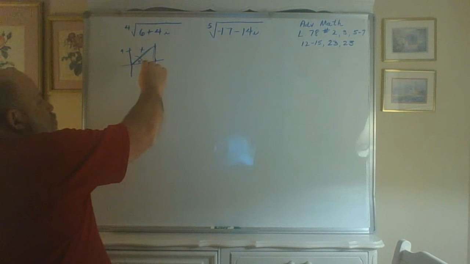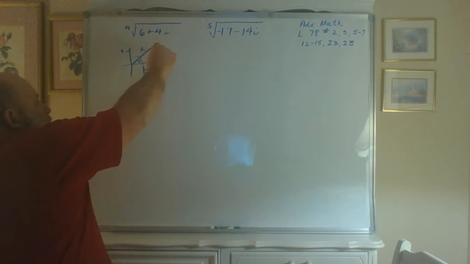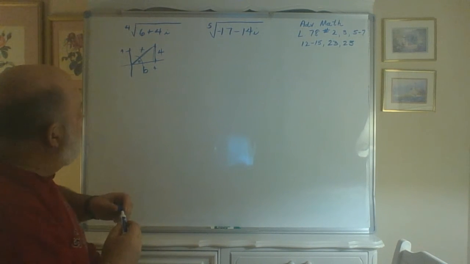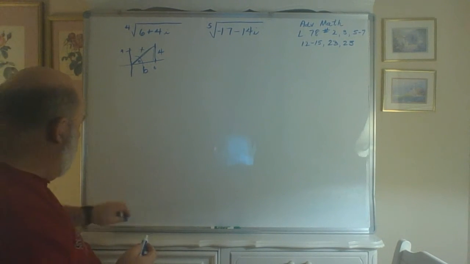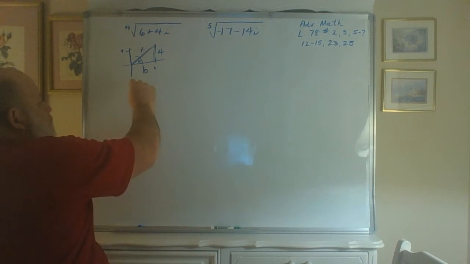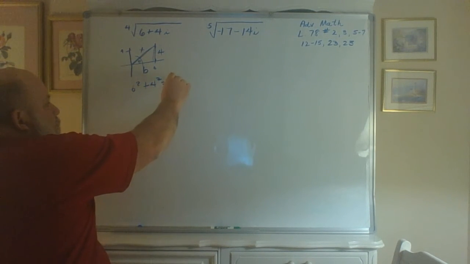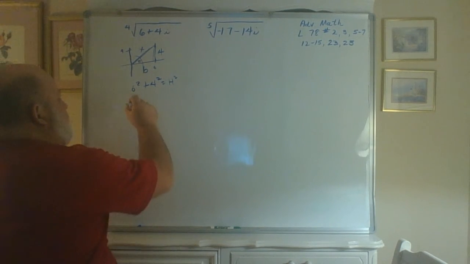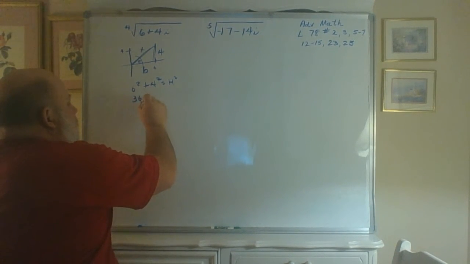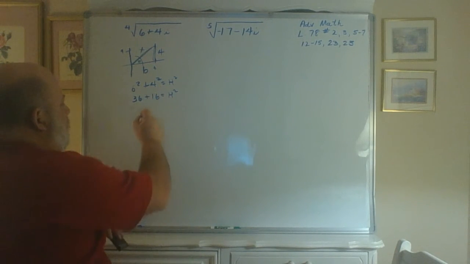Okay, so if I've got a triangle that has a side of 6 and a side of 4, how do I find the hypotenuse? Well, that's simple. I know that 6 squared plus 4 squared will equal my hypotenuse squared. That's 36 plus 16 equals my hypotenuse squared.